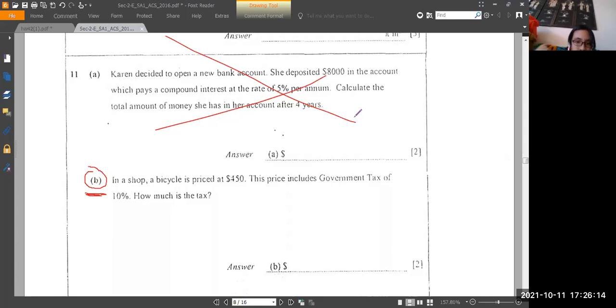Give you about 2 minutes. Are you supposed to use your method or my method? Your method. Yep, do it. Once you finish, just WhatsApp your answer over.